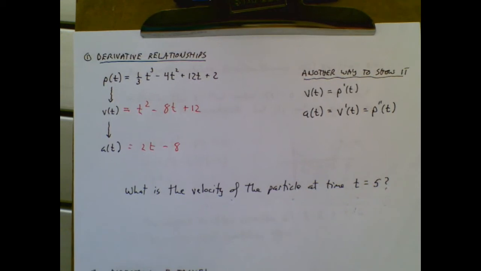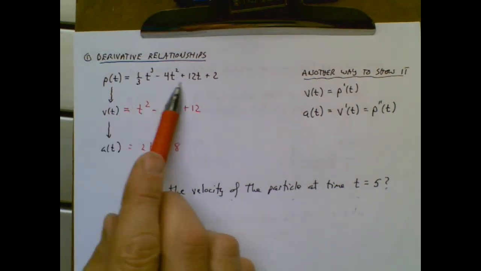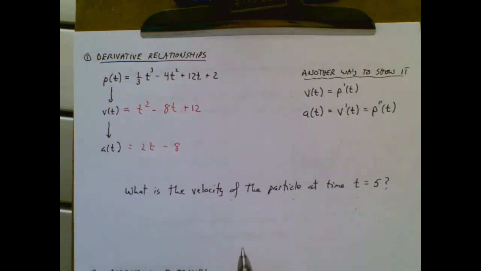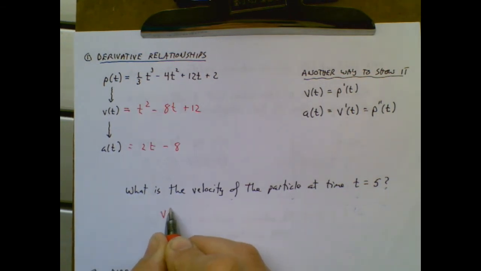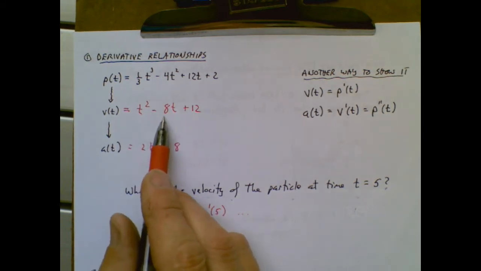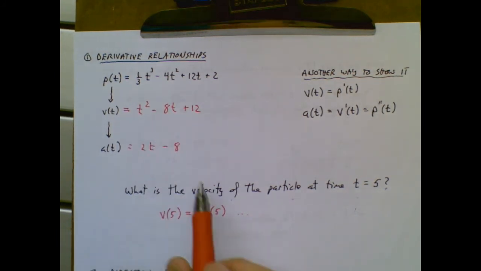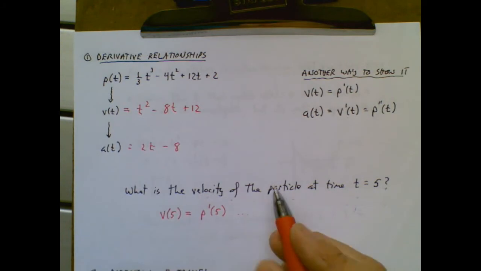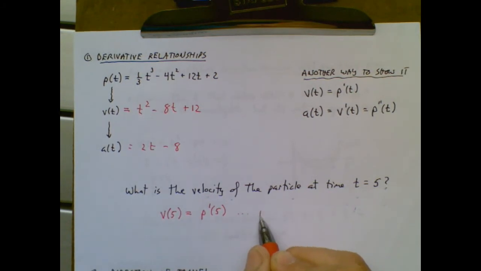So in a situation like this, if I were given a position function and they asked me about the velocity, I would simply say this: v of 5, they want our velocity at time 5, is equal to the derivative of position at 5. So in this case, I already have it up here, but let's say I didn't have that. I would go ahead and find the derivative of position, and let's just do this.